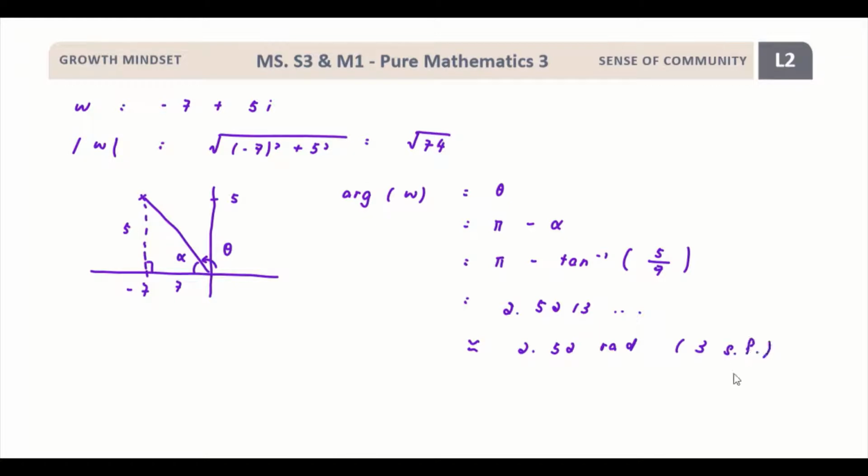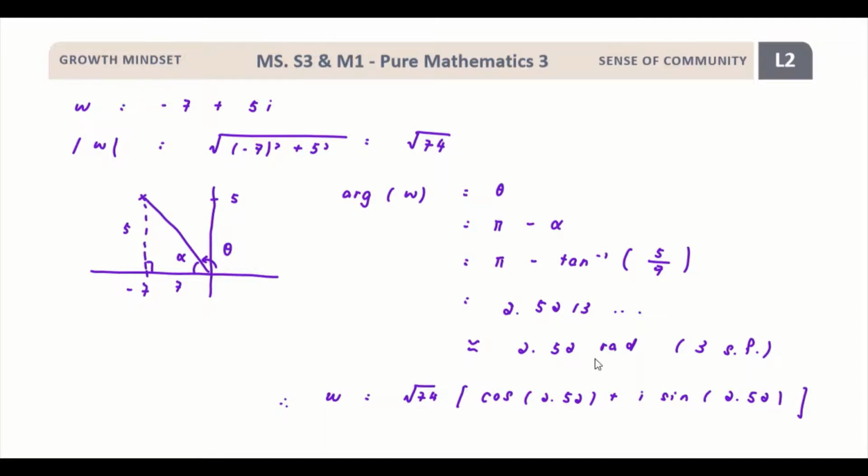After we get this, we can write it in the modulus argument form. The complex number w, the modulus r is square root 674. So we have cos 2.52, plus, don't forget the i, sine 2.52. This will be our answer.